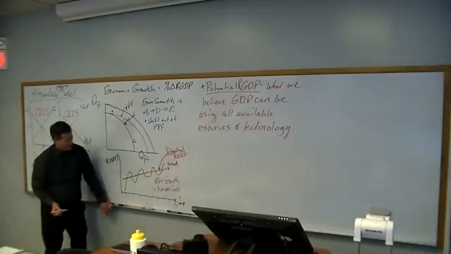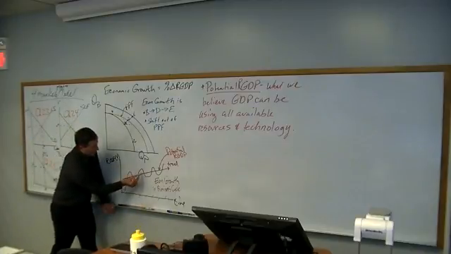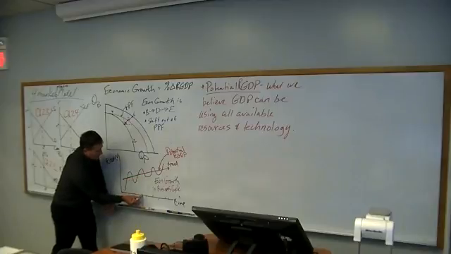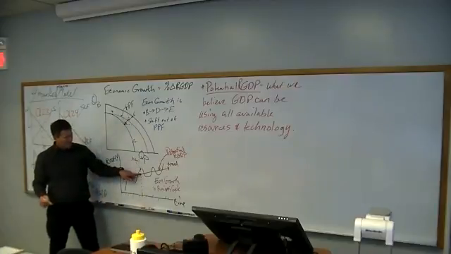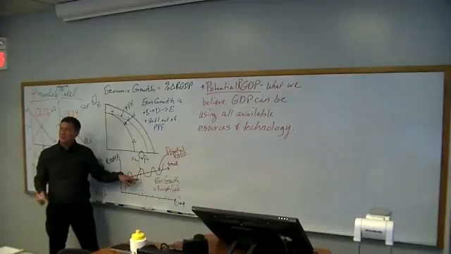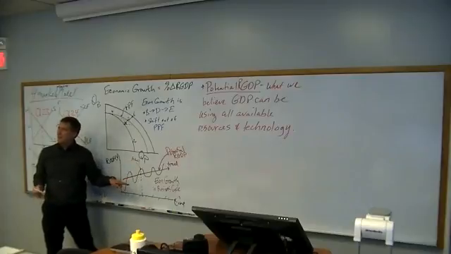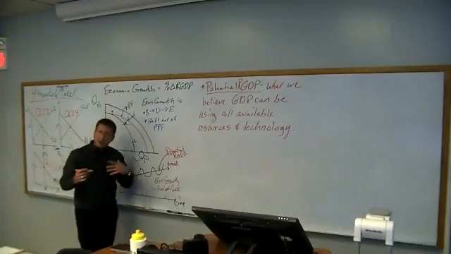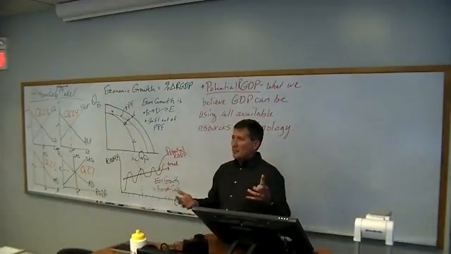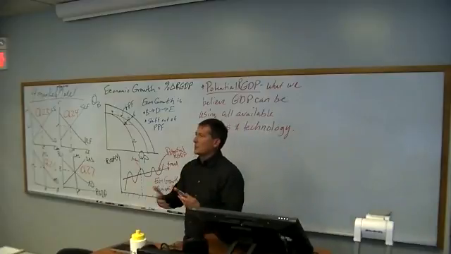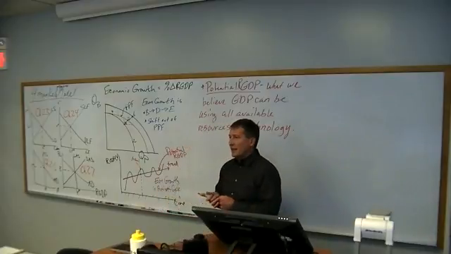Which means what we observe in the real world, the actual level, is sometimes higher than potential, which seems a little weird at first, right? This is actual GDP, and currently we're higher than what our potential is. Well, that means we must have screwed up potential or something, right? But not necessarily. We can get into points where we're having workers work a lot of overtime, right? So we're maybe using our resources beyond sustainability.